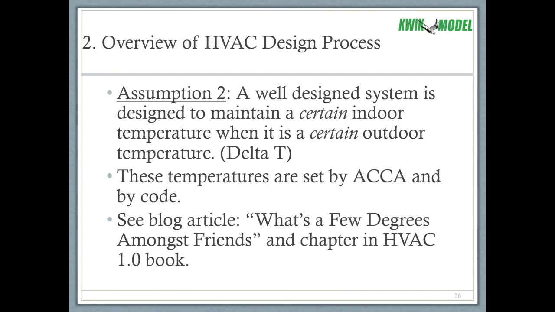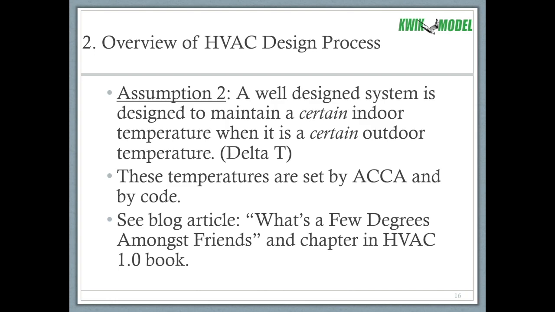All right, assumption number two when designing an HVAC system: a well-designed system is designed to maintain a certain indoor temperature when it is a certain outdoor temperature. So there's two temperatures that come into play, the indoor temperature and the outdoor temperature.